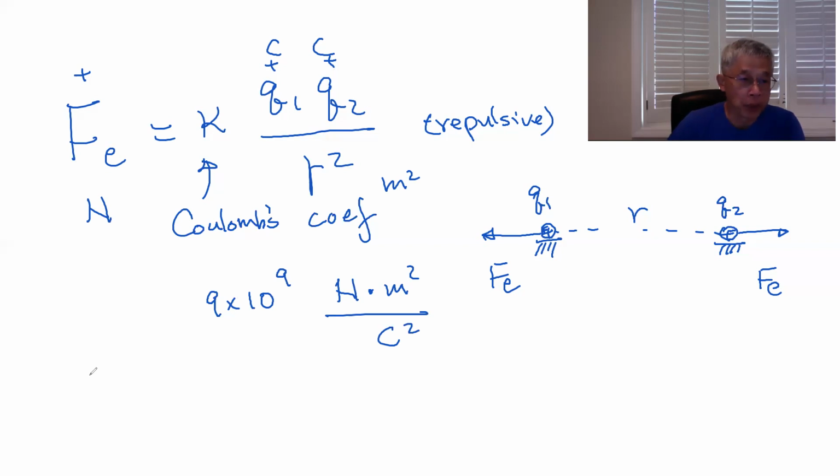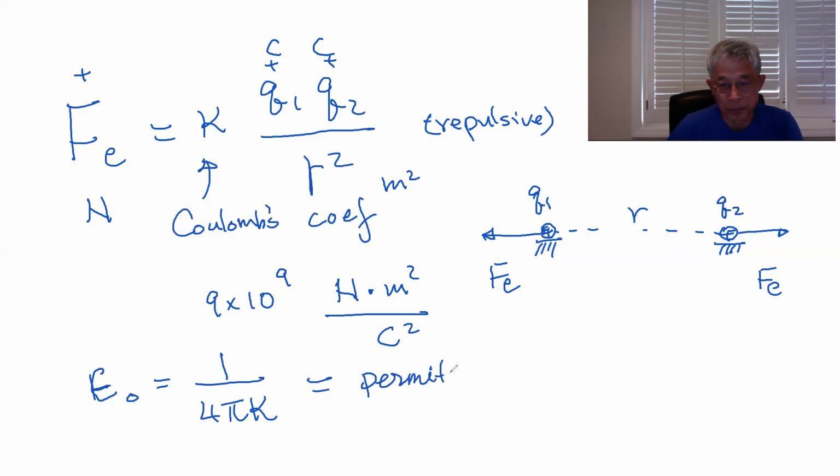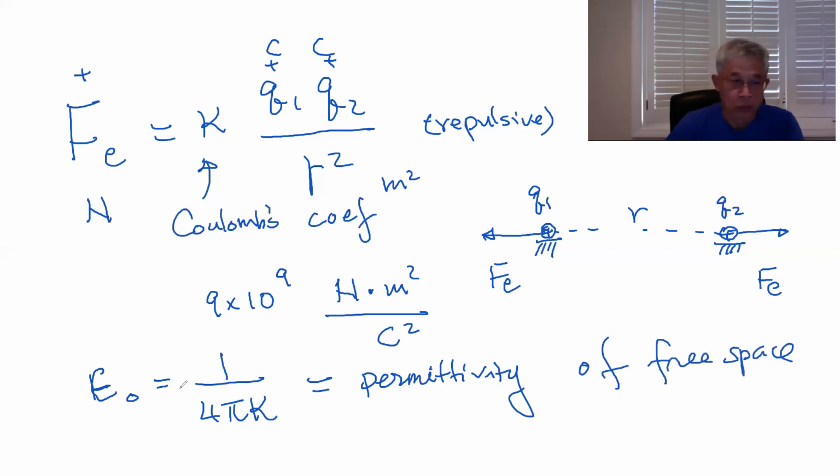There's also another way of defining this, which is epsilon 0 equal to 1 over 4 pi k. And that's called the permittivity of free space. This is a very fundamental constant that will be used in relativity, in quantum mechanics, and also in capacitance.